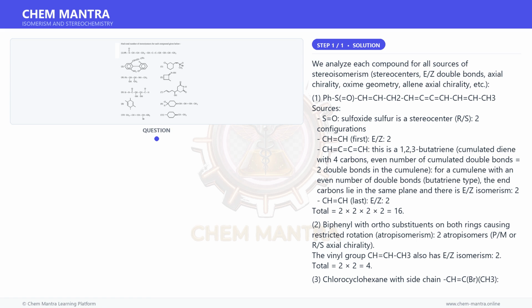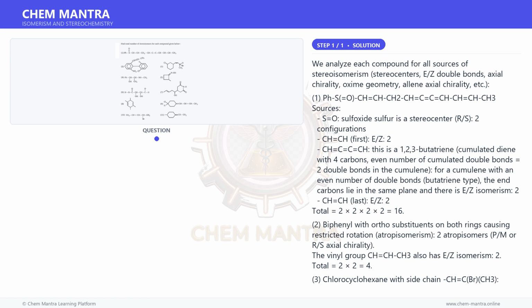10. CH3-CH=CH-CHBr-CH3. E/Z of the double bond, 2. Stereocenter at C4 bearing Br, 2. Total is 2 times 2 equals 4. 11. 4-ethylidene cyclohexane, cyclohexane with exocyclic =CH-CH3.